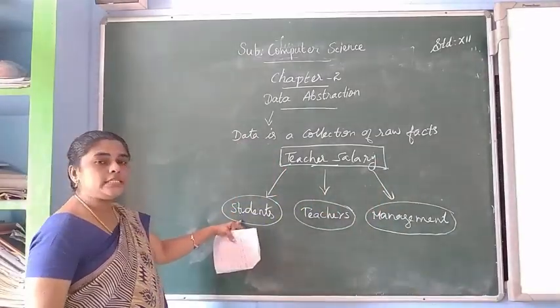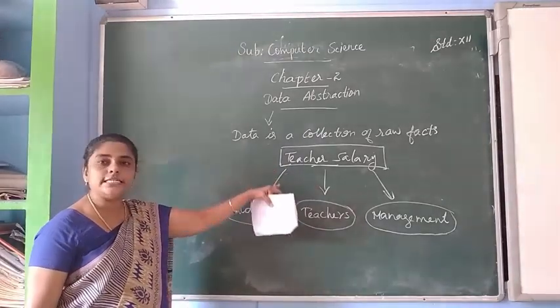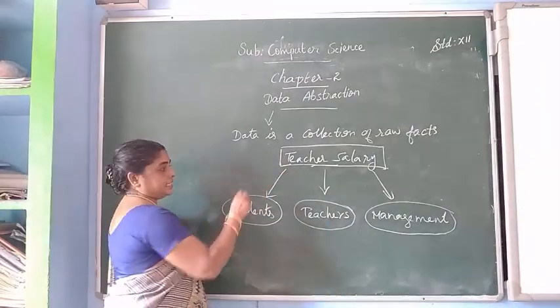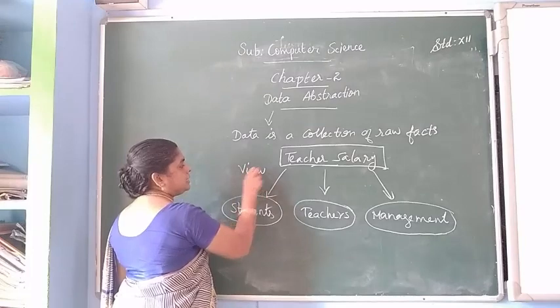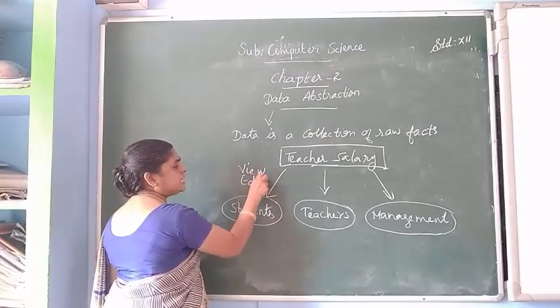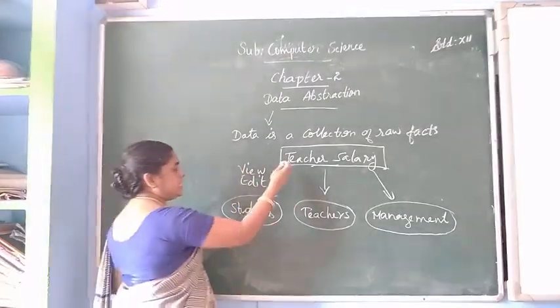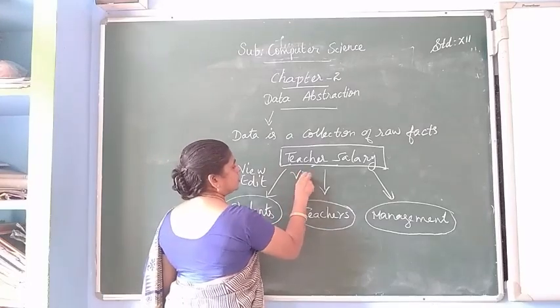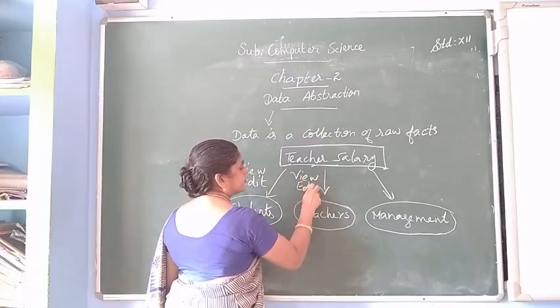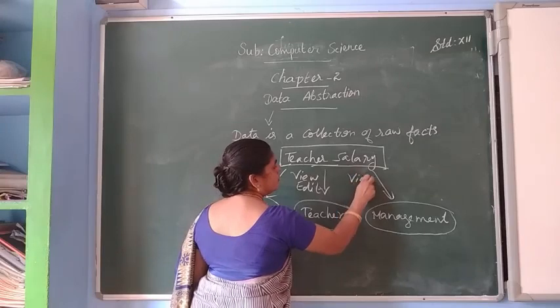See, the students cannot view or see the teacher's salary. That means view and edit, these are the two functions between these. Here view, here also view, edit. Here also view, edit.